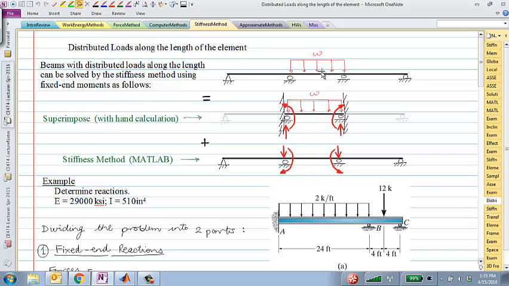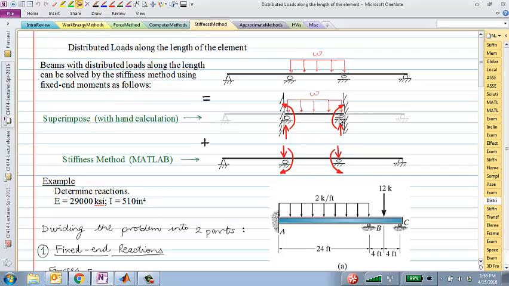So what we'll do is on the particular span that we have this distributed load, we'll fix that particular span with fixed ends, right? So we'll assume that the ends of that span are fixed, and if we are given this distributed load, we can actually calculate reactions using the force method.